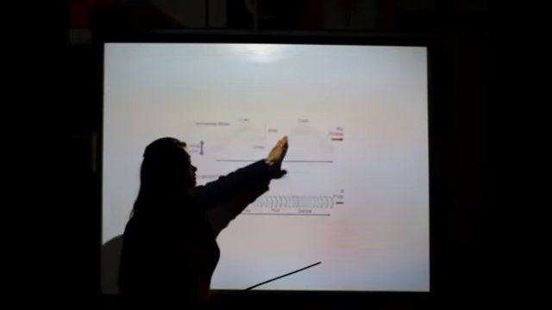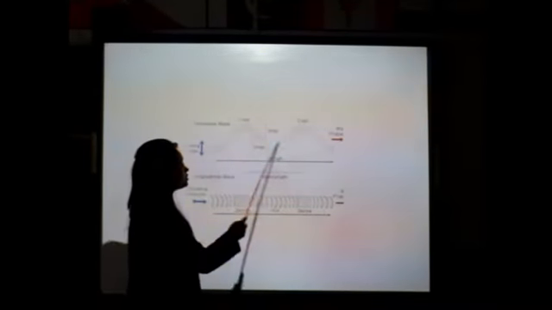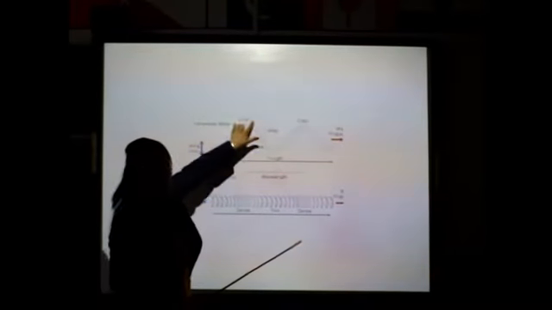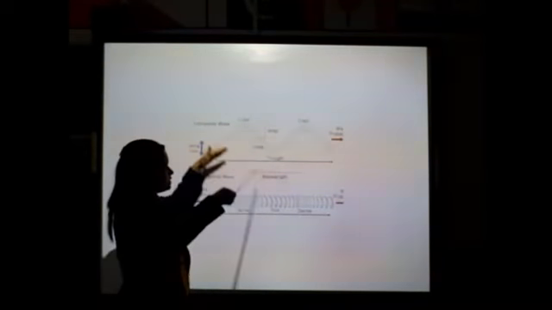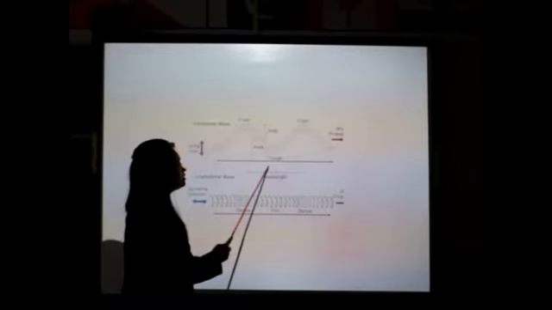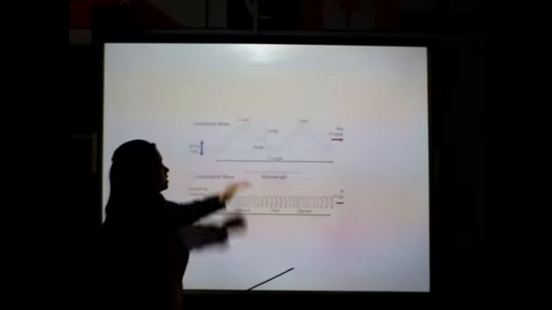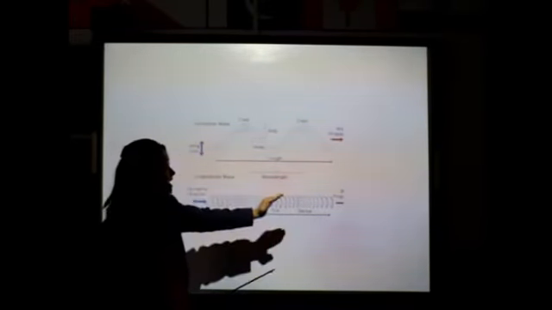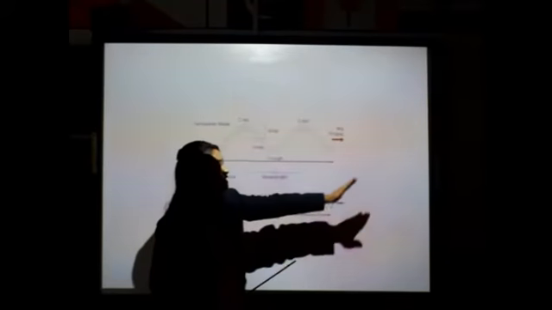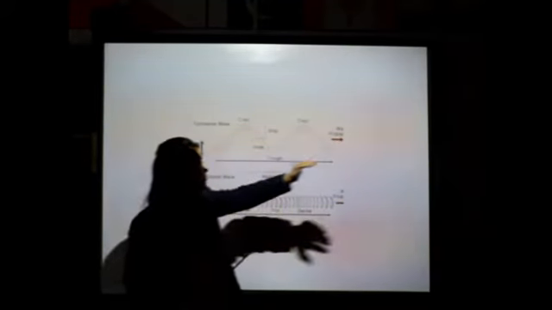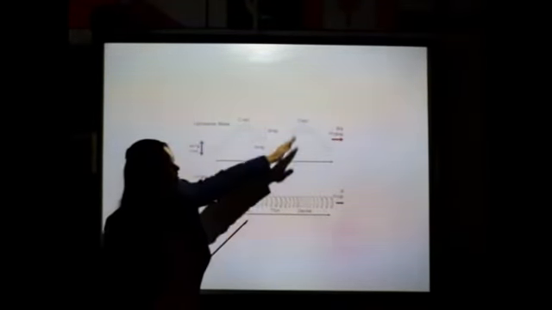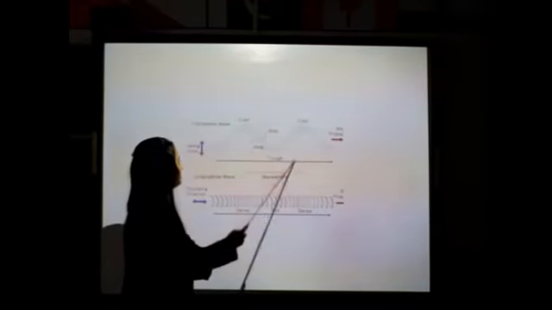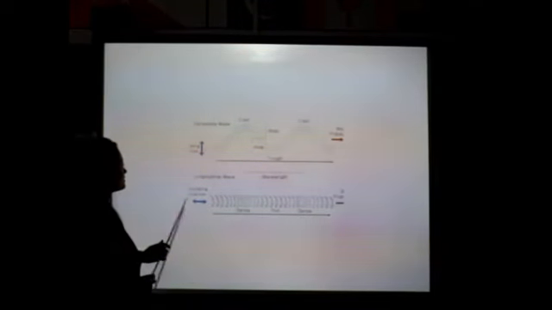When it comes down and forms a valley, this is called a trough. So a transverse wave forms a series of crest and trough, crest and trough. The upper part is the crest, and when they move down, that's the trough. That's your transverse wave.